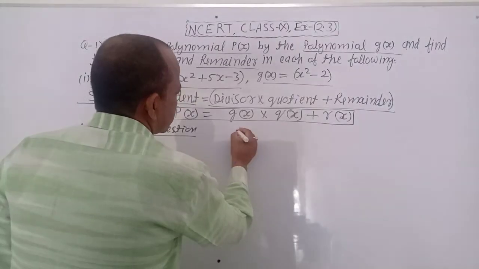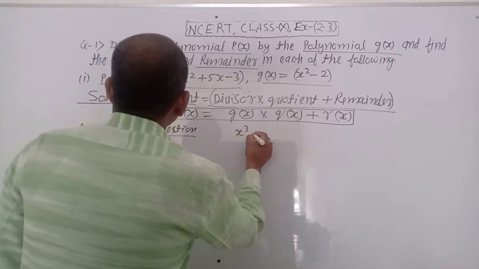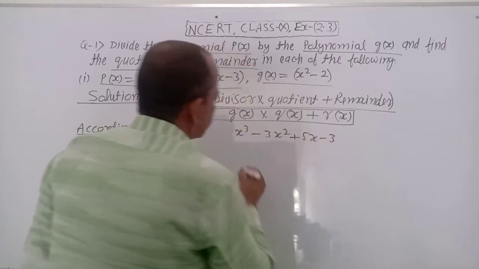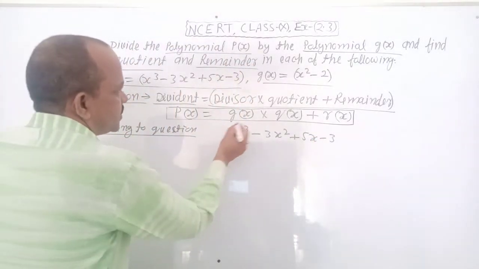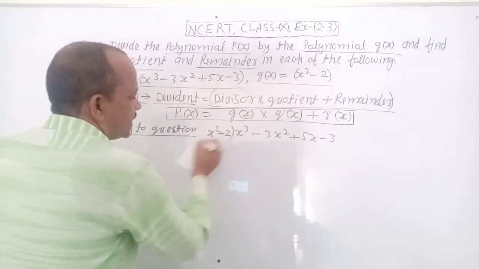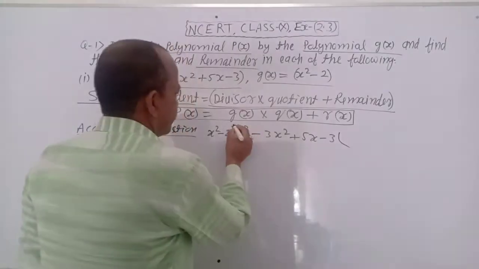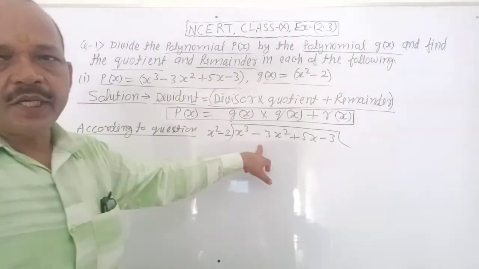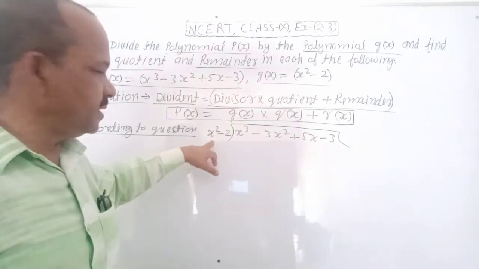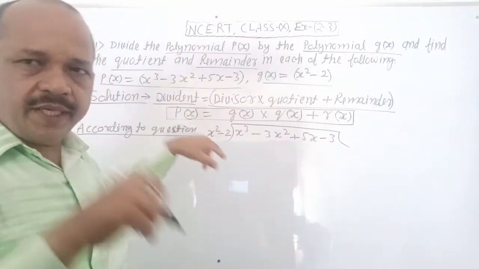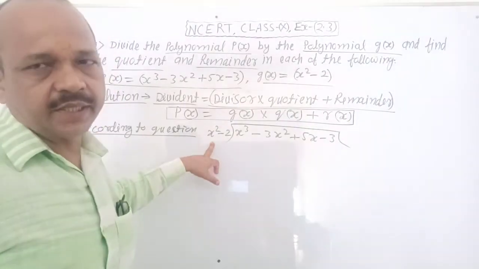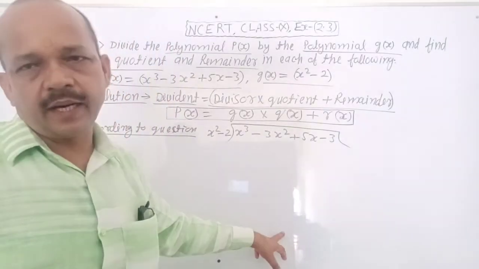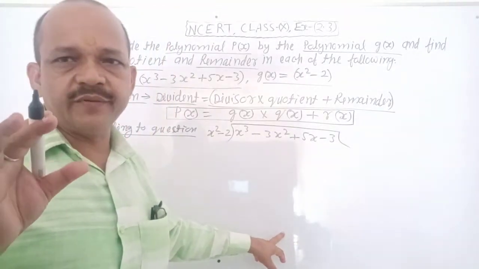Here x cube minus 3x square plus 5x minus 3 divided by g(x), x square minus 2. It means you divide p(x) by g(x). In this way you can find q(x) and r(x).